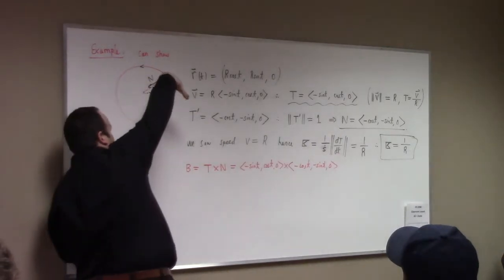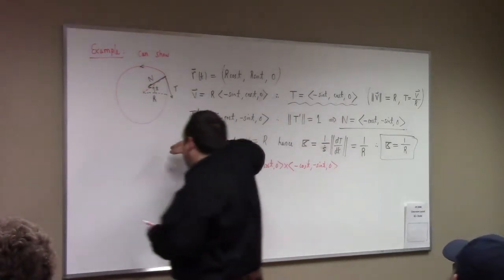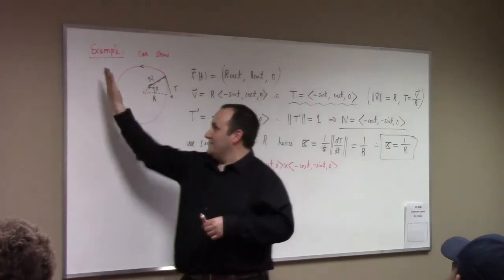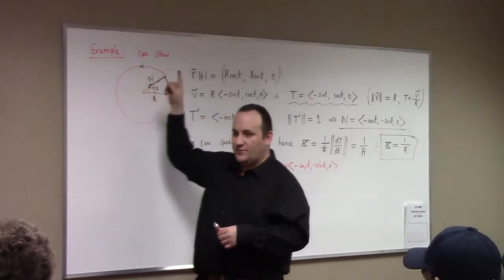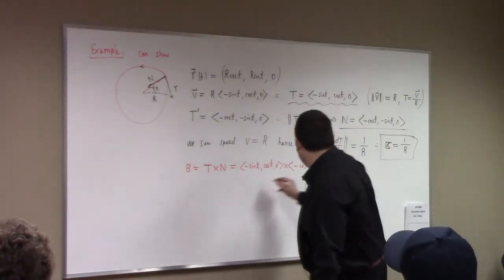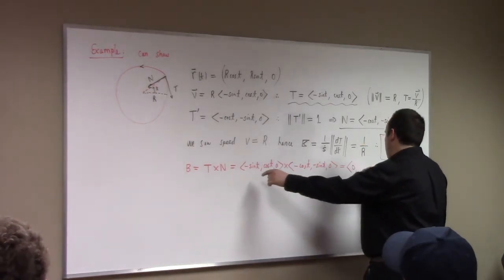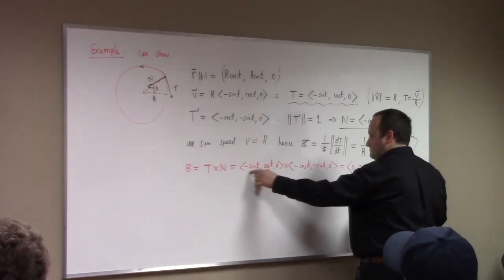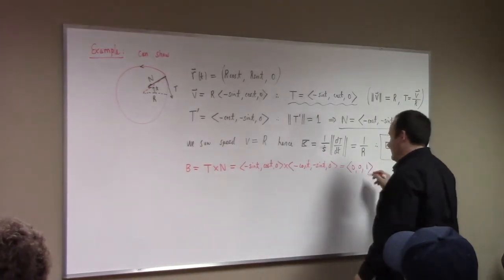If you point your right hand in the direction of T, cross into N, into the board. T, N goes in the middle, into the board. So the binormal is always into the board. Work this out, you get zero, zero, then sine squared plus cosine squared, you get 1.